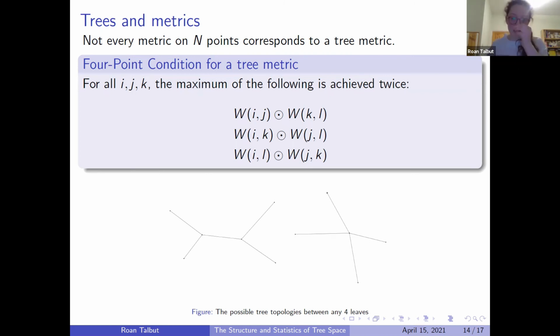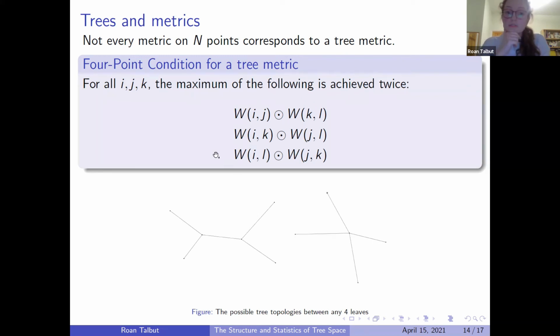Effectively, what this is saying is between any 4 points, any 4 leaves of our tree, if we consider taking 2 pairs and summing the distances between the 2 pairs, and there are 3 different ways to do this, then the 4-point condition says that we will achieve that maximum twice. And these are basically, like the diagram I've got at the bottom here, the 2 different tree topologies we can have on 4 leaves.